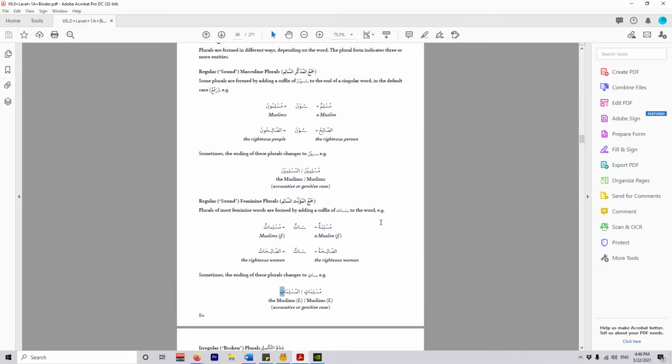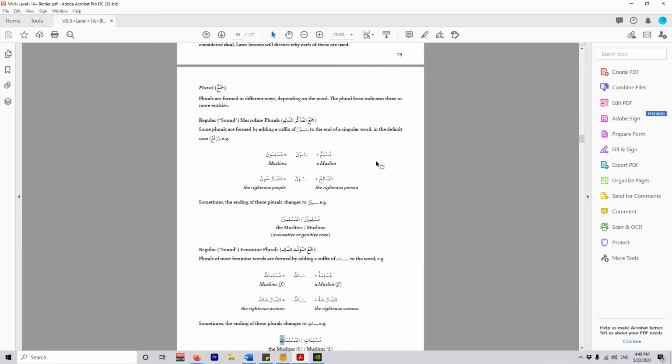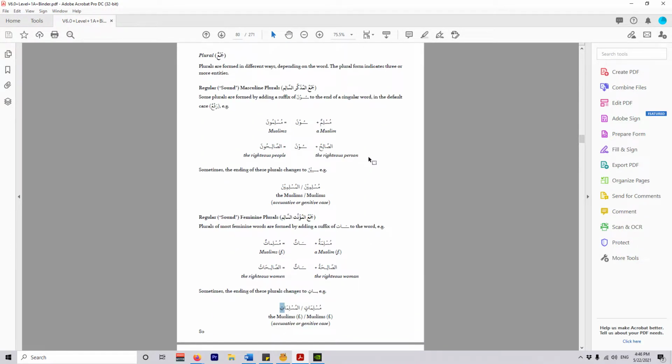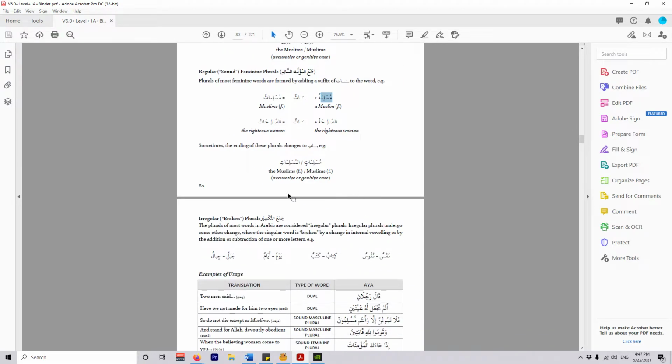It's not too difficult. But most of the words in Arabic are not sound. They don't keep the body of the word the same. Most of them are actually what you would call irregular plurals, or in this case, broken plurals, which is a specific type of the irregular.